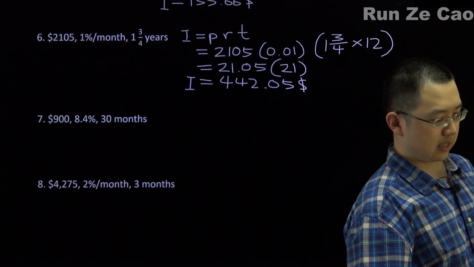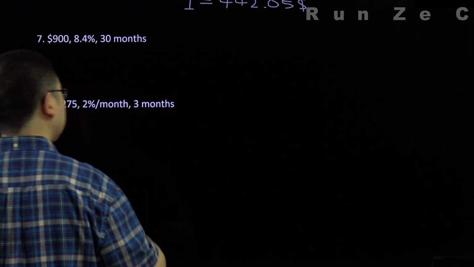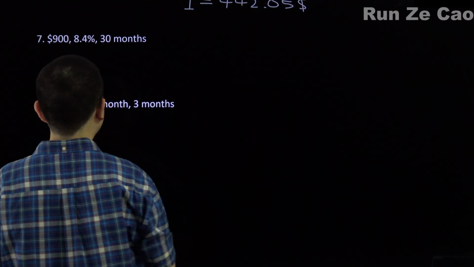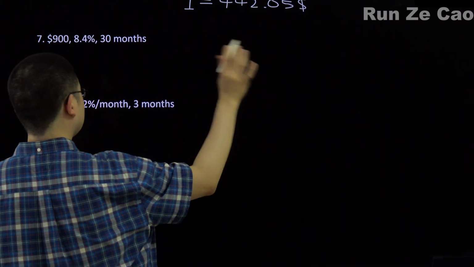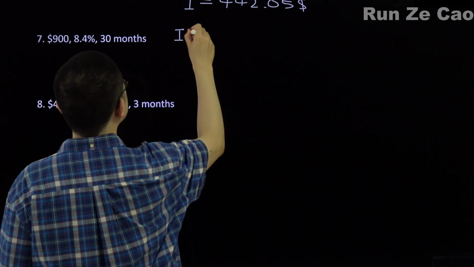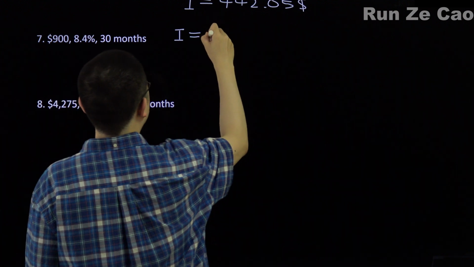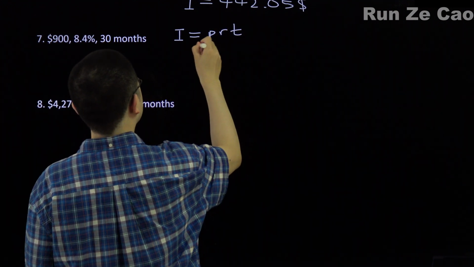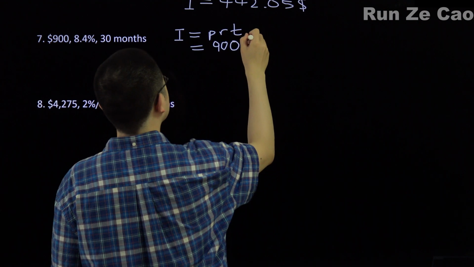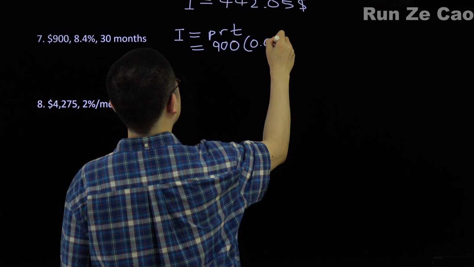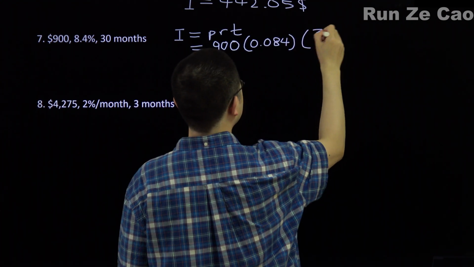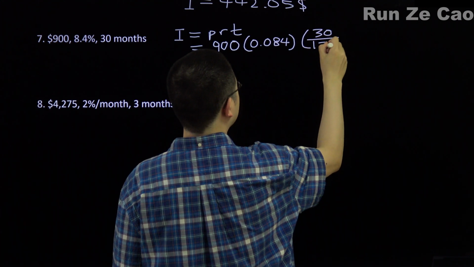Okay, what about $900 at 8.4% per year, because it said per year unless otherwise noted, and this is the convention for interest per year is standard. So we have 30 months though. Well then, we're going to have still PRT, principal rate time, but it's going to be 900 times 0.084 times the amount of time is 30 months divided by 12 months per year.